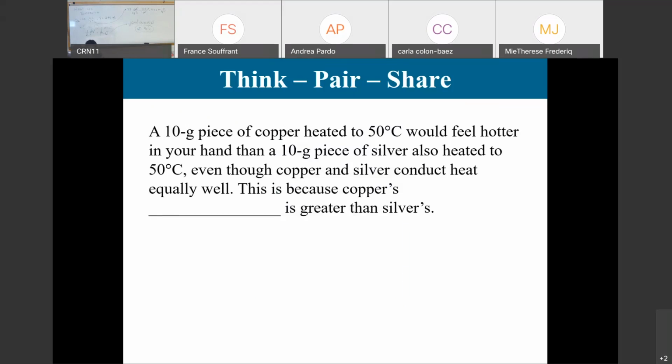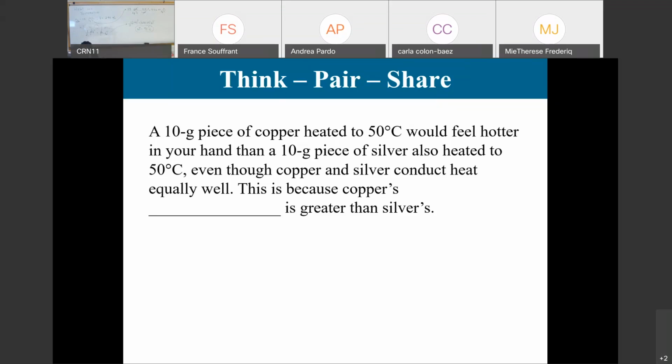Why does a piece of copper feel warmer or hotter than a piece of silver? Anybody?